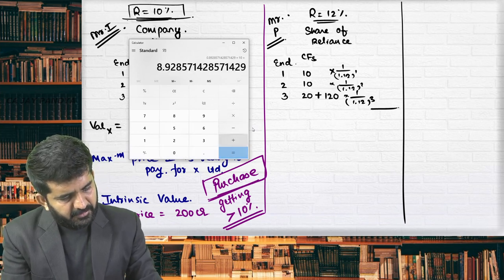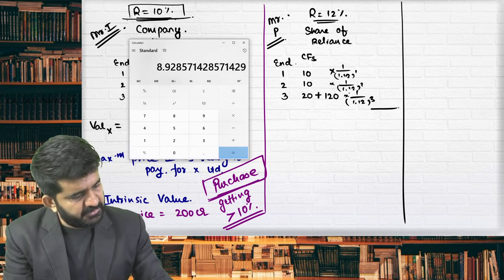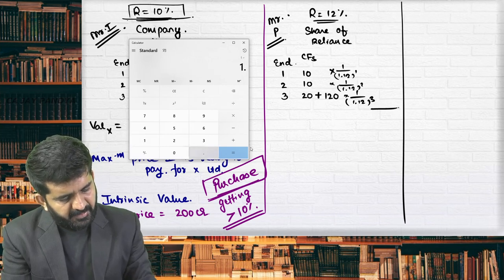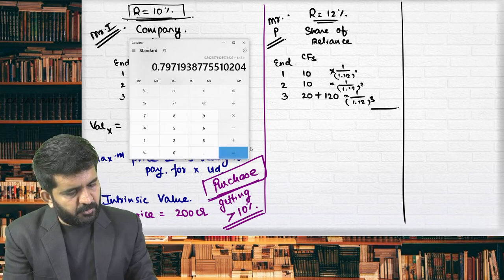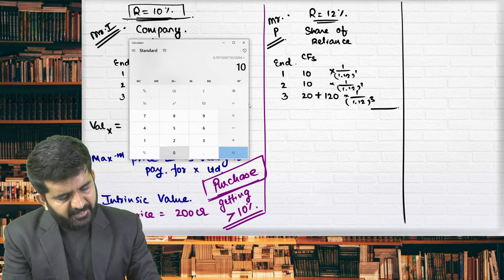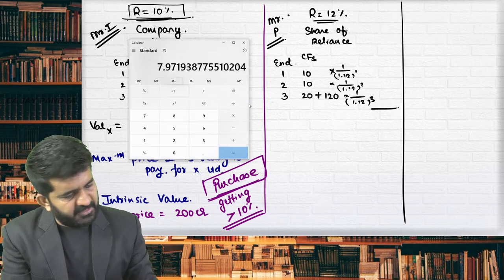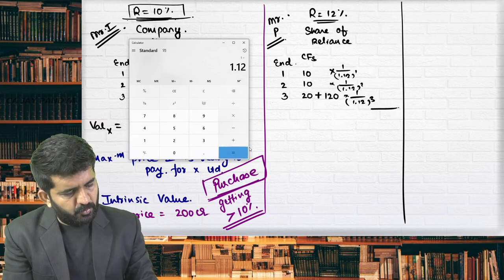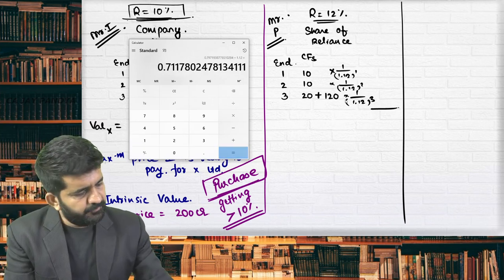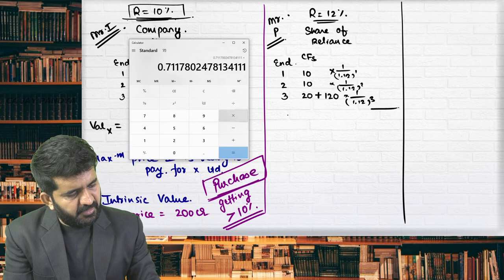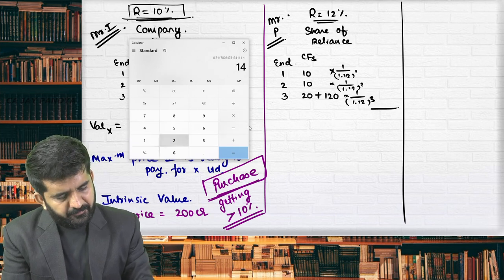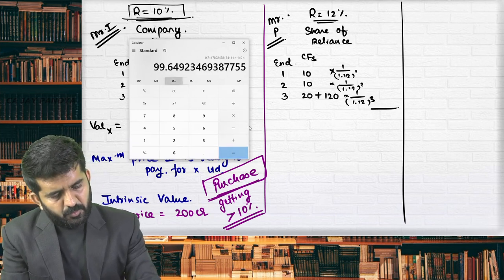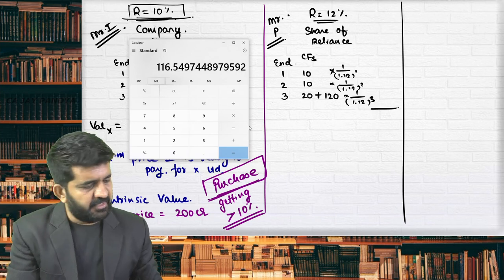Multiplied by 10, plus 1 divided by 1.12 squared multiplied by 10, plus 1 divided by 1.12 three times multiplied by 140. The answer is 116.